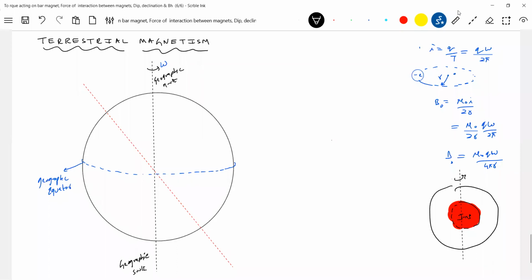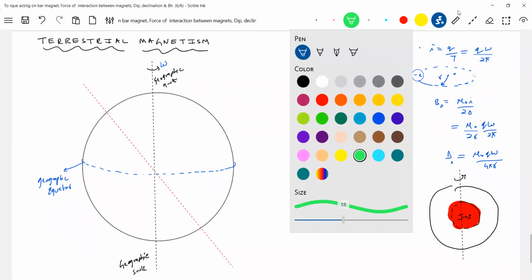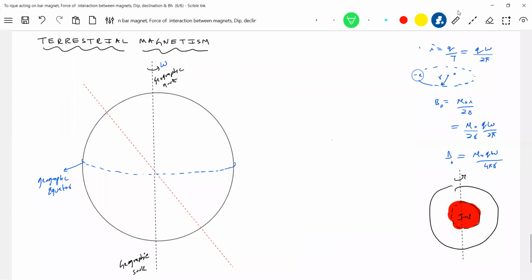Now, how to show the Earth's magnetic field? When I go and check the north pole of the Earth, this will be the orientation of the bar magnet.